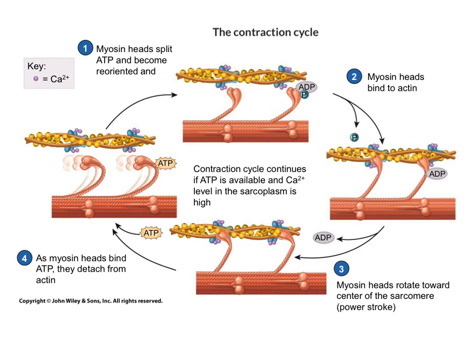When this happens, this is referred to as the power stroke. Also during this step, ADP gets released. In order for the myosin head to detach from the actin, it has to bind another ATP.